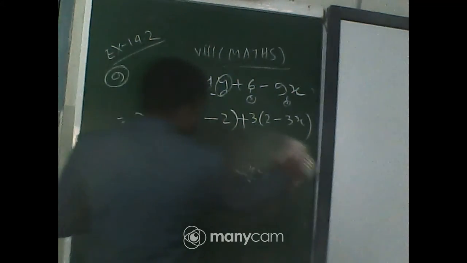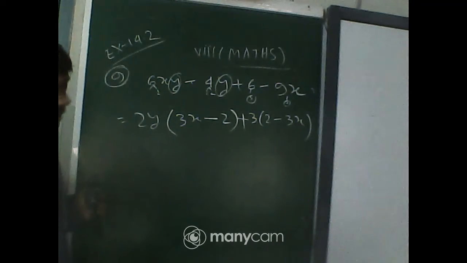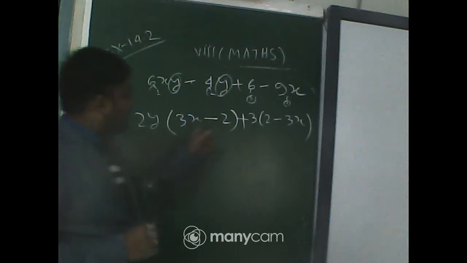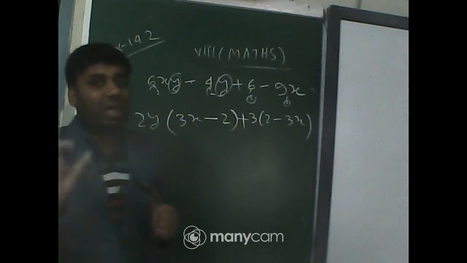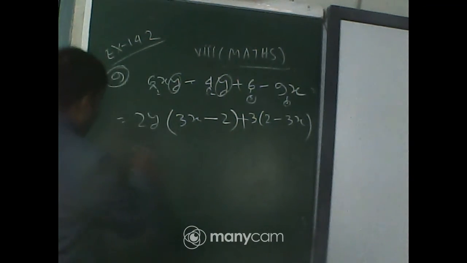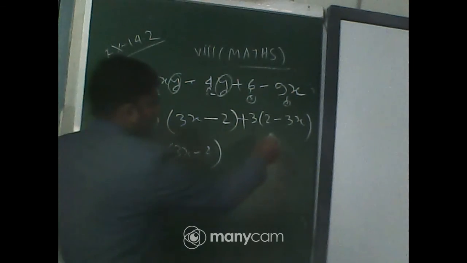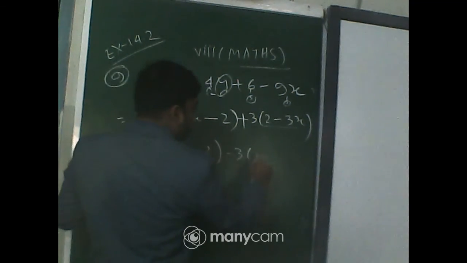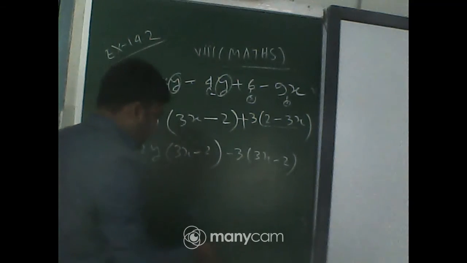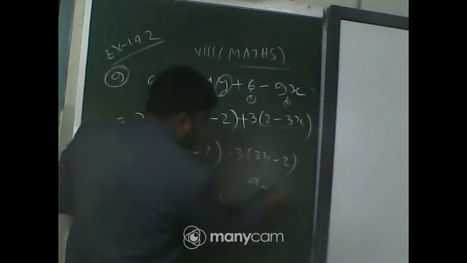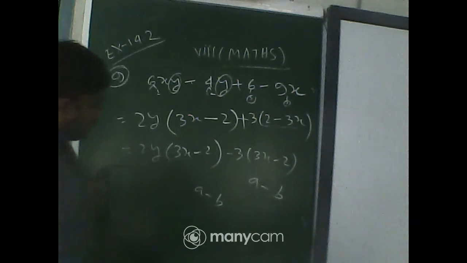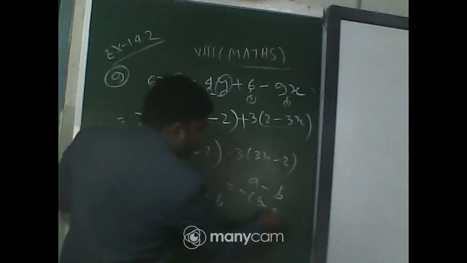Now a little bit of doubt: how can you equate 3x minus 2 and 2 minus 3x? A very easy method, student. If you take minus common from the second term, it becomes minus 3 into 3x minus 2. For example, a minus b: if you take minus common, it will be b minus a.